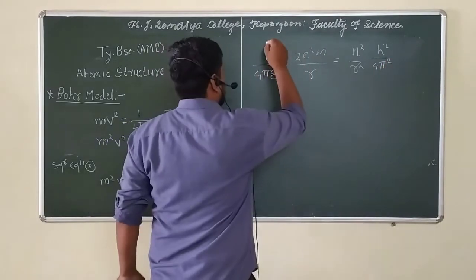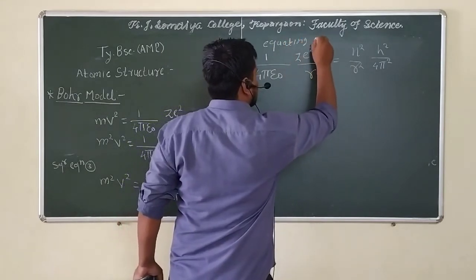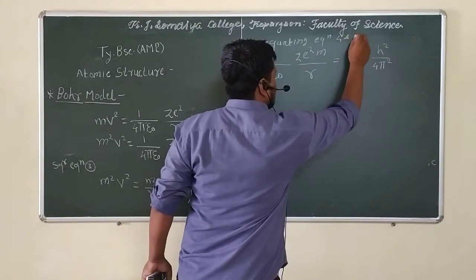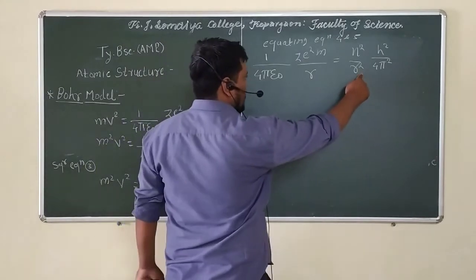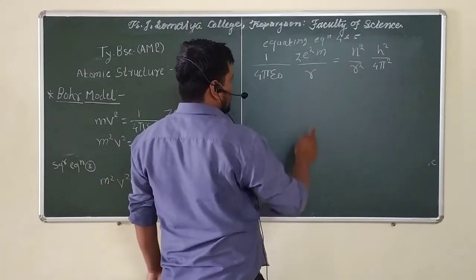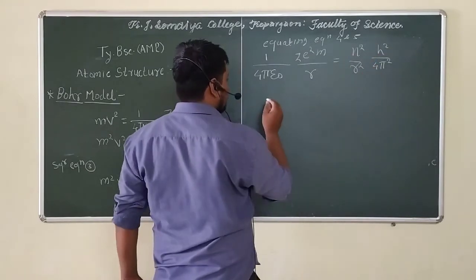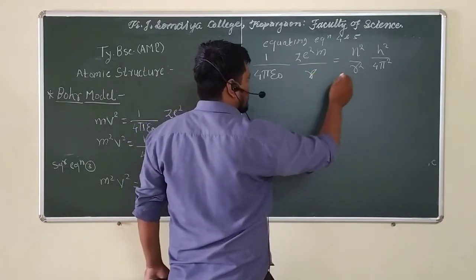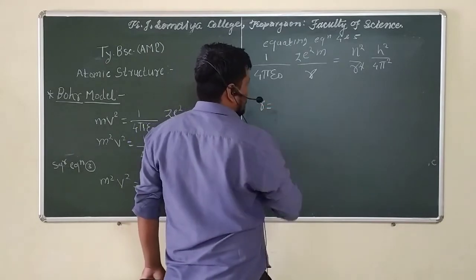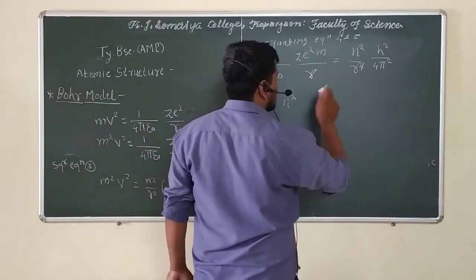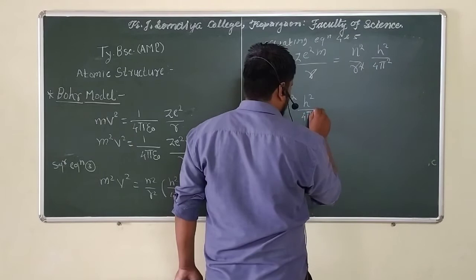So that is equating equation 4 and 5. So what happens here: these go to the numerator of the LHS side, and this factor goes to the numerator of the RHS side. So this one r and this one r get cancelled. So the remaining factor is r is equal to n square into h square upon 4 pi square.